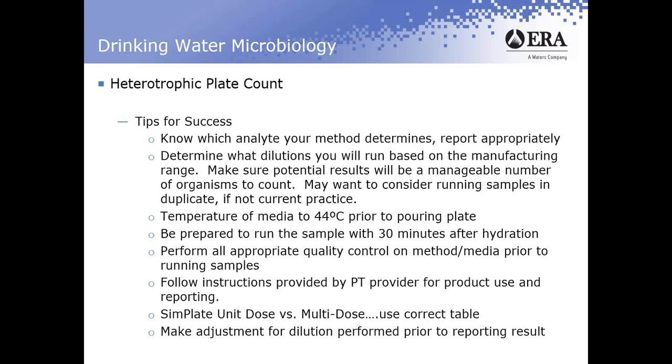If you do a half a ml or a tenth of a ml or whatever, you need to make sure that you're adjusting that number and putting it into those final units. Again, we can't make any adjustments on your numbers or assume that we know what you did. So make sure that you're reporting appropriately.